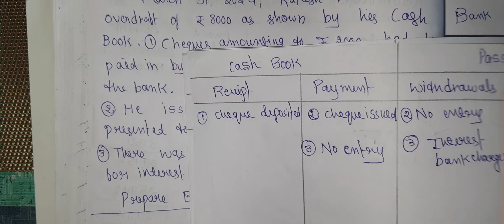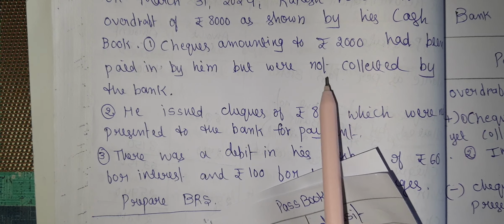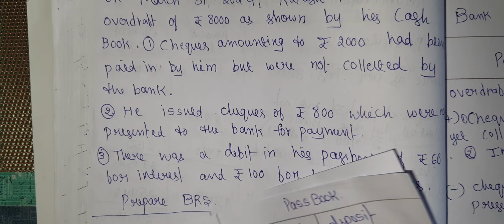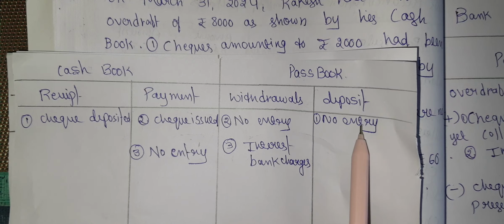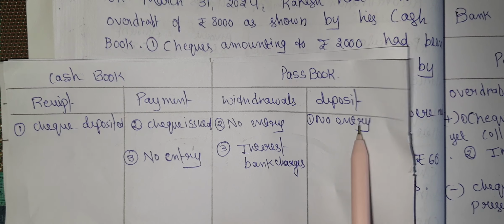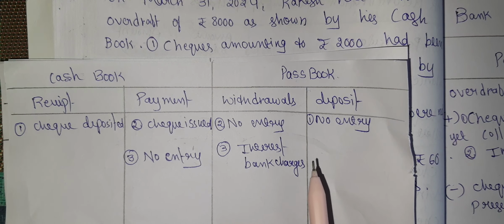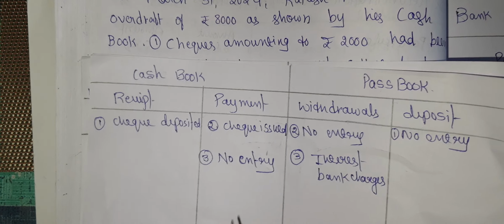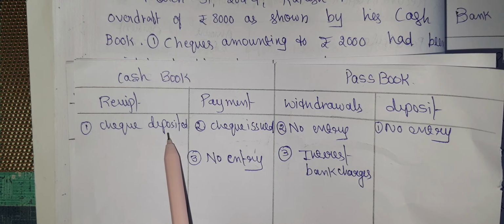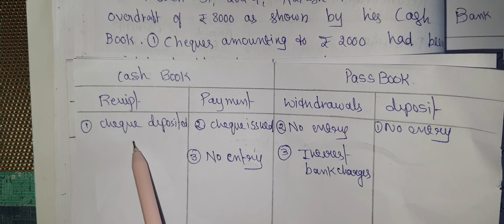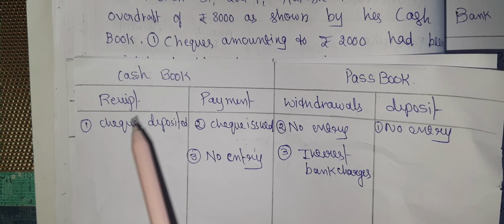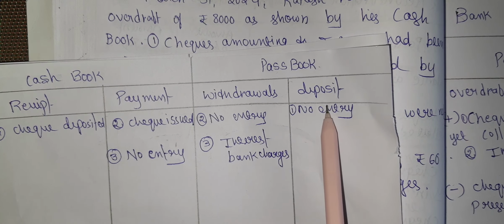And what about the passbook? It is not yet collected or charged by the bank, so there is no entry on the deposit side of the passbook, that is the credit side. Now make the comparison. Here in the cash book, check deposited is on the receipt side, so the cash book balance is more compared to the passbook.